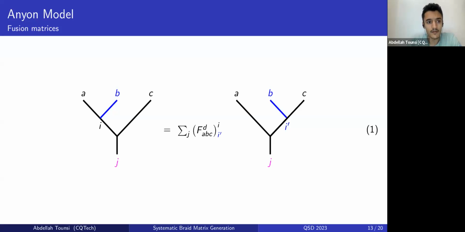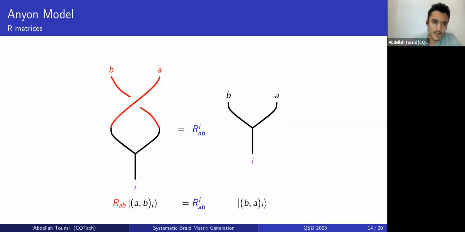So the F matrix components should be probability amplitudes and should preserve the normalization of states. On the other hand, we have the rotation matrices R, as we have seen in the beginning. Exchanging two anyons A and B should give rise to a statistical phase factor.